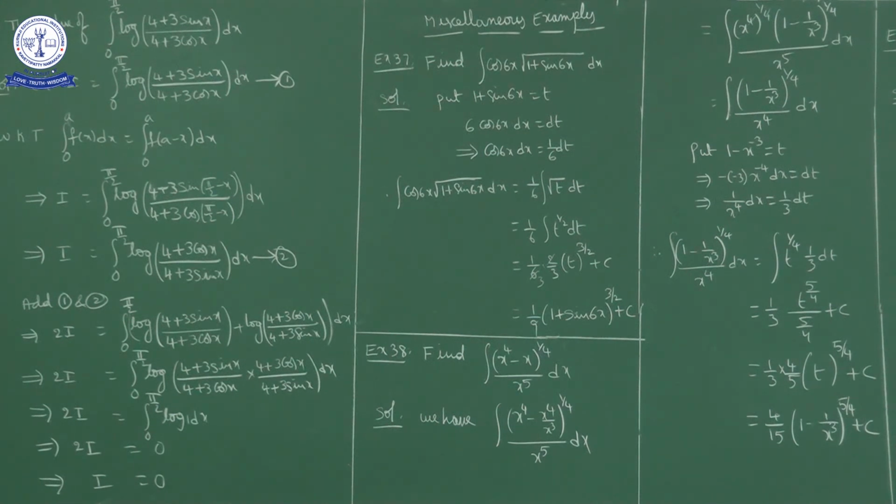Okay, next question. Find integral (x power 4 minus x) whole power 1 by 4 upon x power 5 dx.